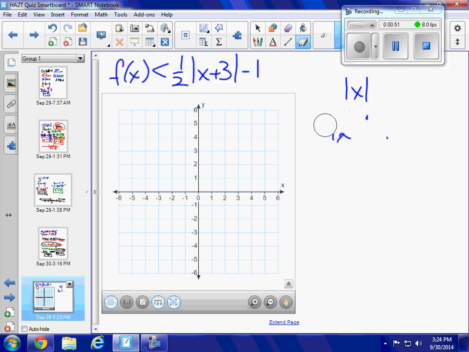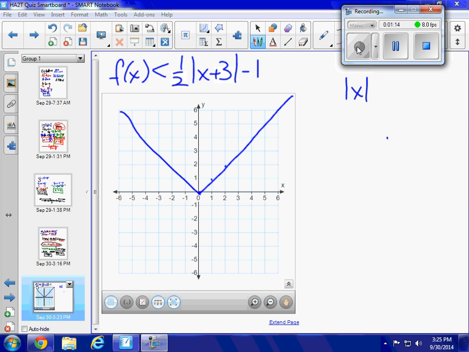So I'm going to start by graphing that. And I know from my library of functions, that's 0, 0, 1, 1, 2, 2, and that's going to be a line looking like that. Oh, this is a very ugly line, like that.